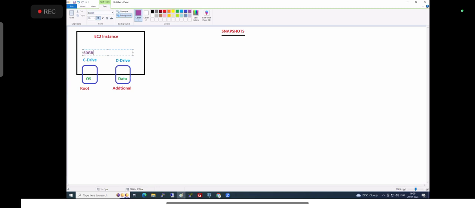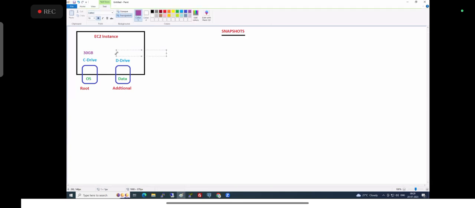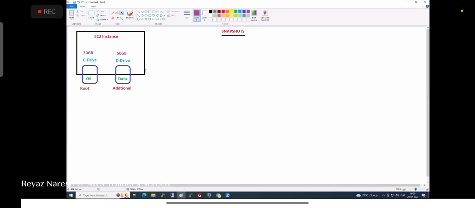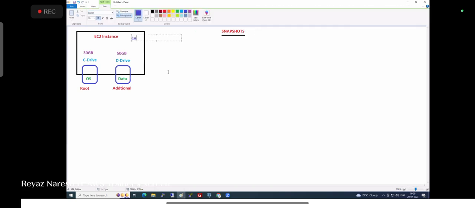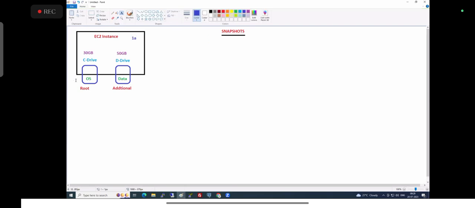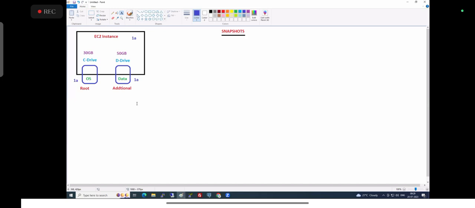Very good. And the D drive can be up to your wish, no? Can I put 50 GB, for example? Yes, I can. If my EC2 instance is in 1A, my volumes also should be in 1A only. Okay, good. So this is the EC2 instance with the root volume and then an additional volume.